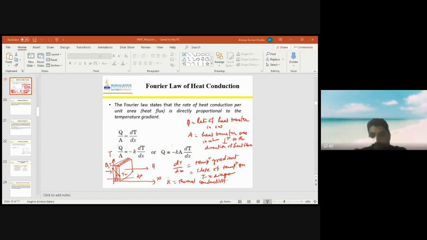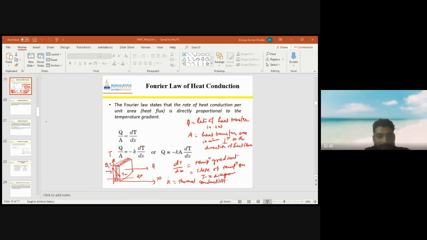And the thickness of this construction is 15 centimeter, and the cross sectional area of this wall is 50 centimeter into 3 meters.